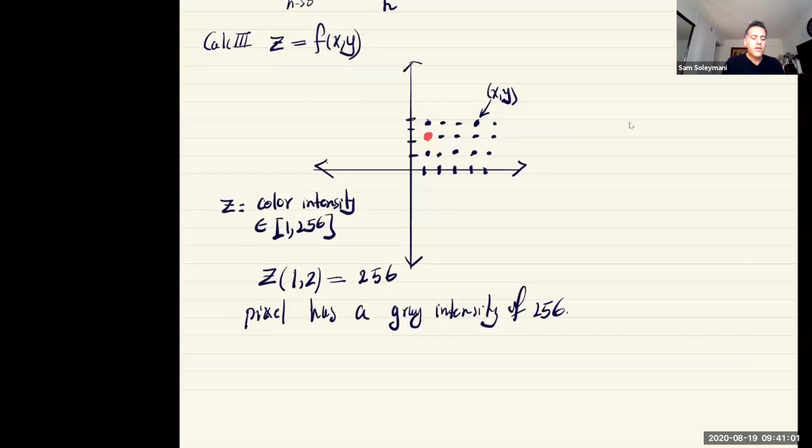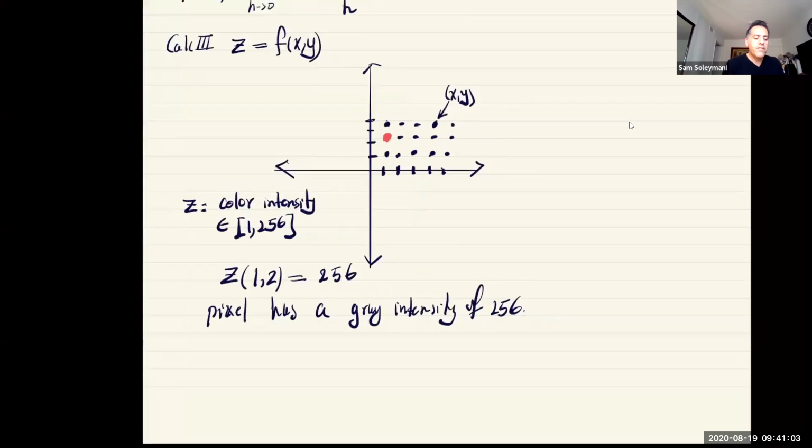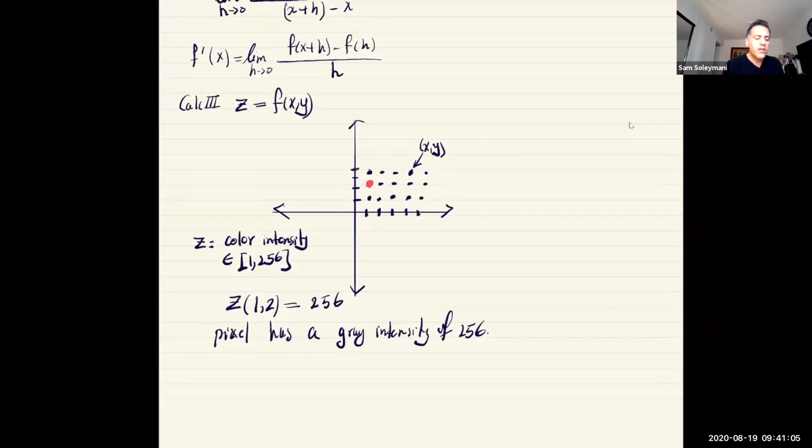If you have a two-dimensional image in space, made of pixels, and there are so many pixels, I put just a few.